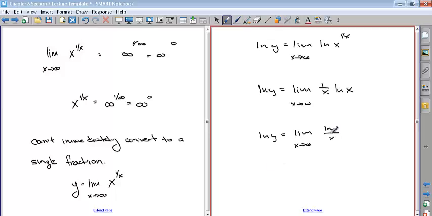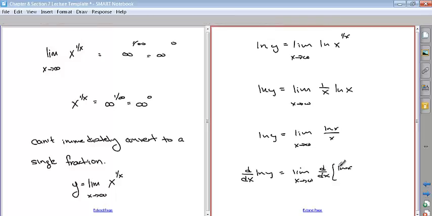So it is indeterminate now. So we have gotten a different indeterminacy, but it's infinity over infinity. So what you do is you take the derivative with respect to x of the numerator, and then you take the derivative with respect to x of the denominator. That's what we've been doing using L'Hopital's rule.